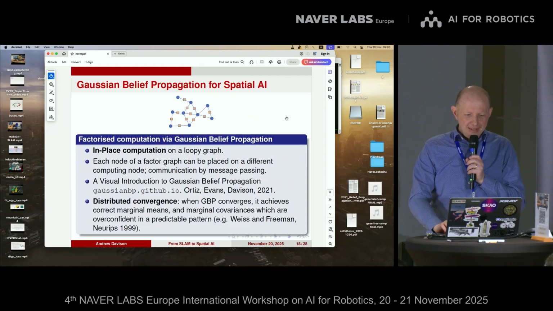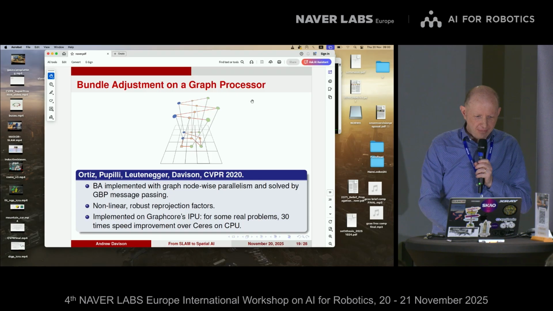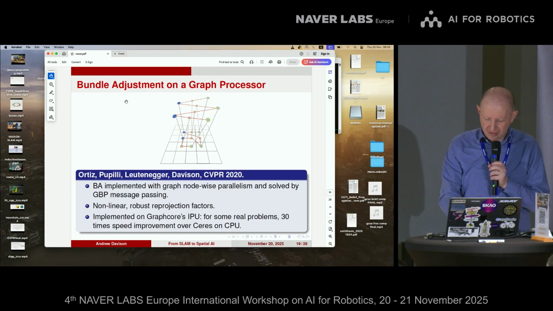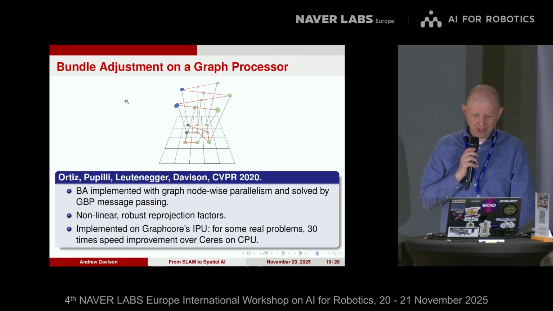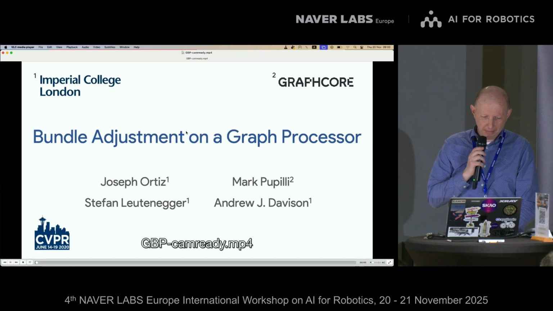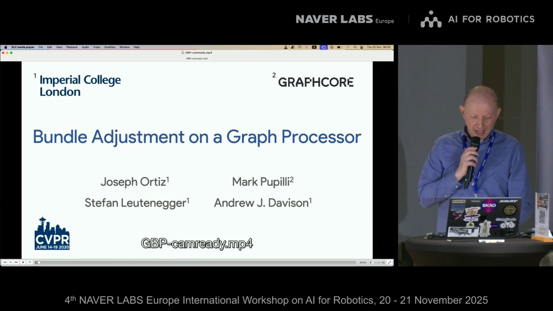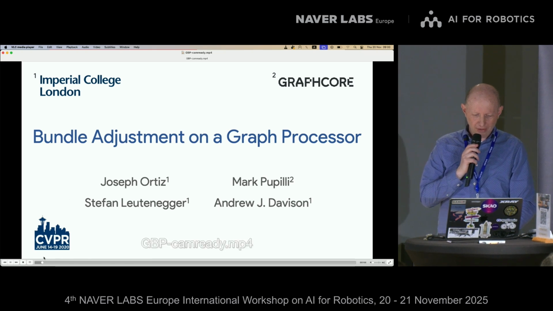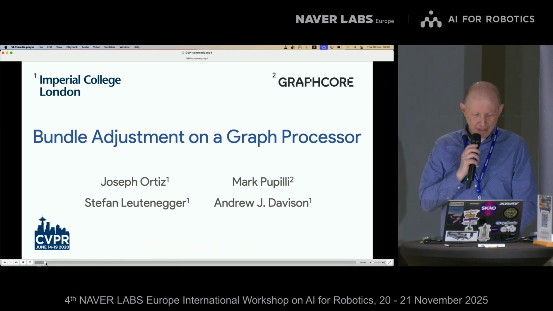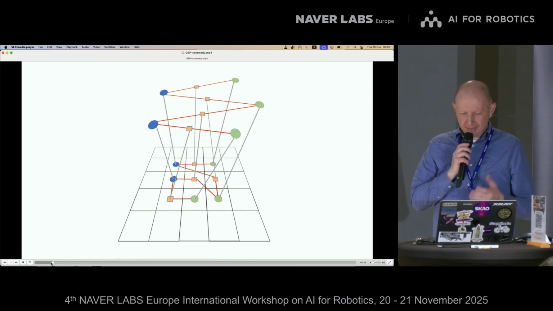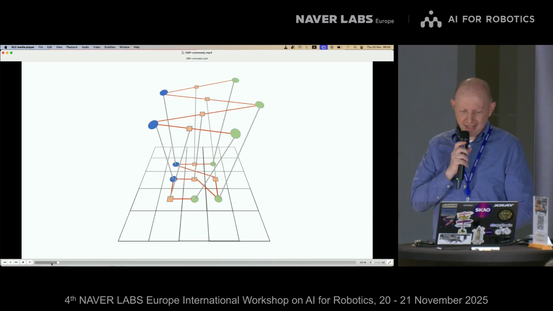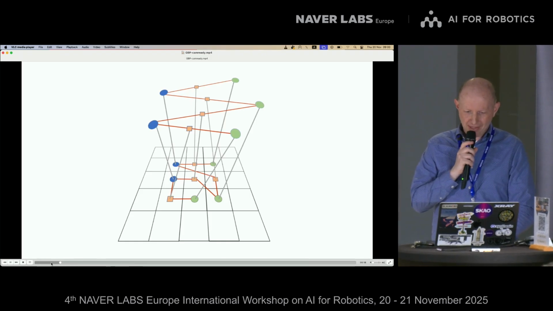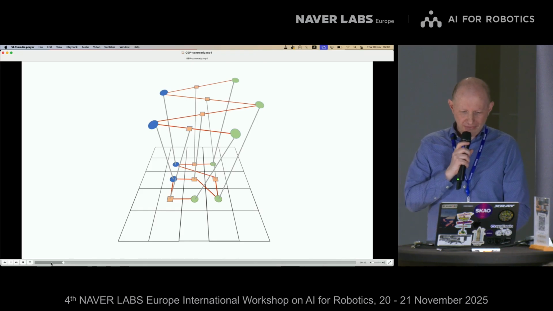So yeah, these kind of distributed algorithms, we've tried various things with these algorithms. So in computer vision, we implemented bundle adjustment using this algorithm, on GraphCore's graph processor, showing that. So bundle adjustment is this classic problem where you've got cameras and points, and you're trying to estimate the positions of the cameras and points by minimizing the energy of the constraints.